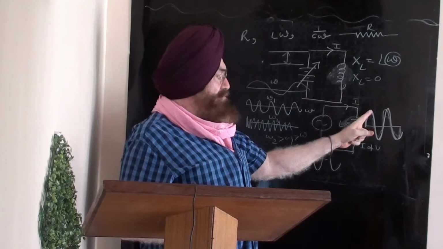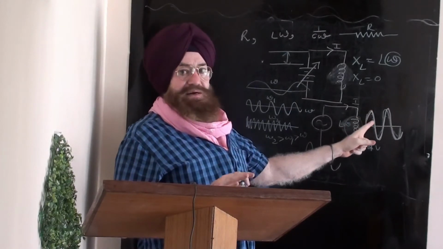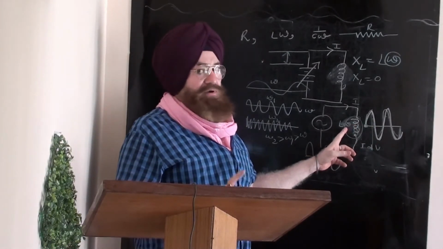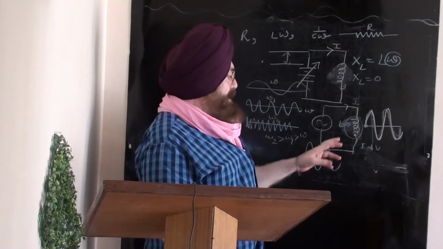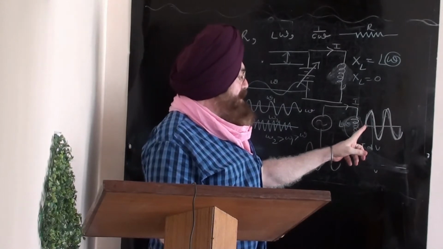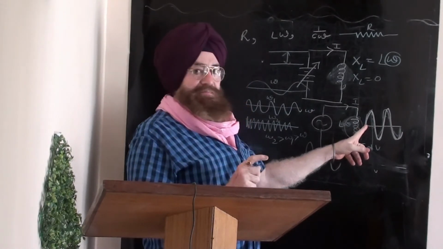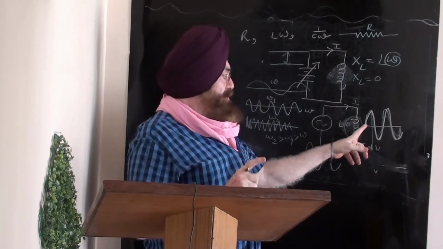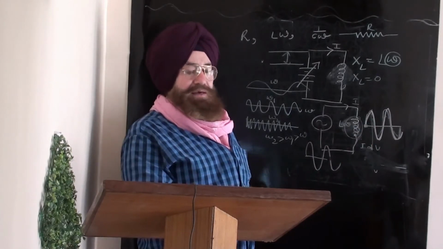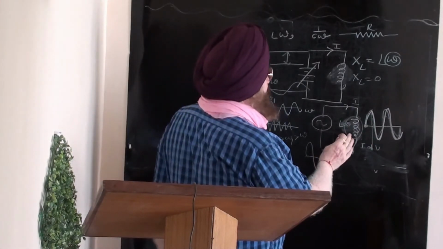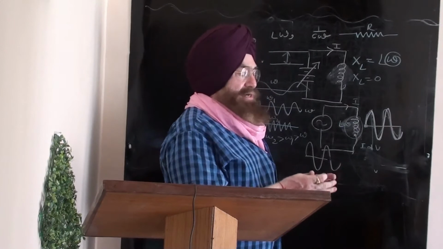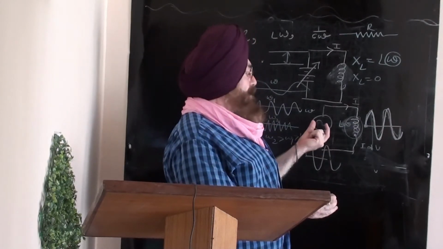When the voltage is maximum, the current will be minimum. So we say the current through the coil is in a different phase to the applied voltage.